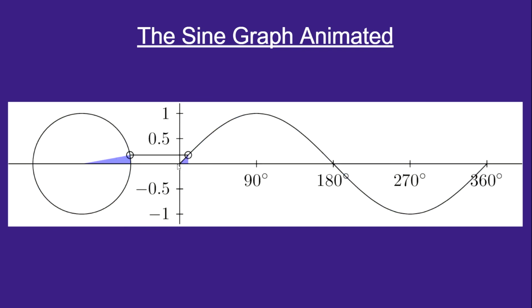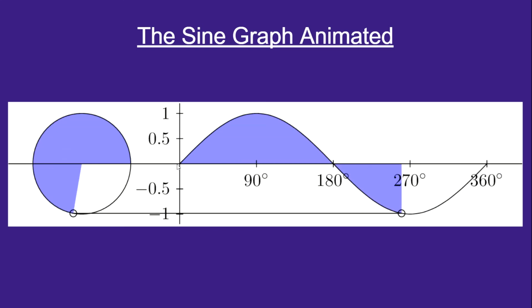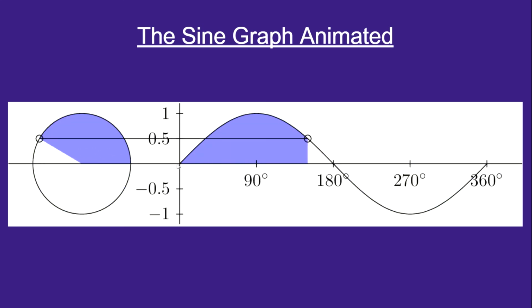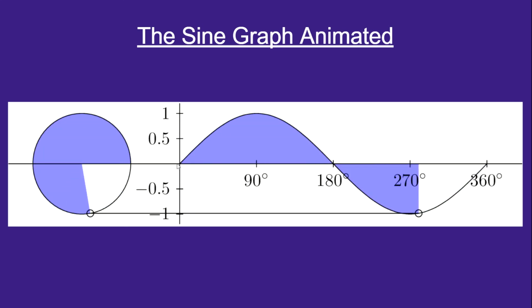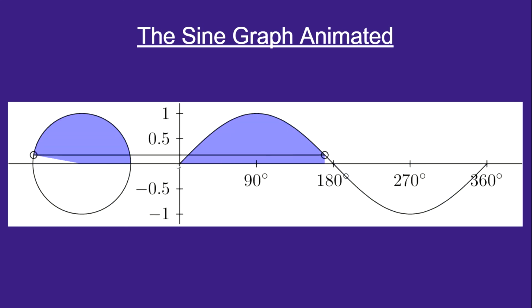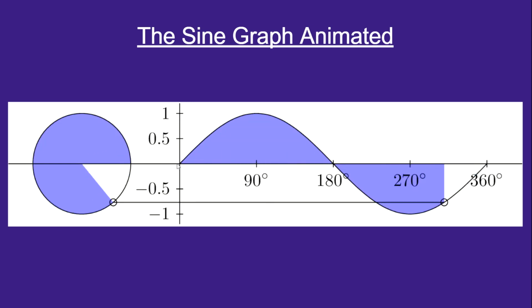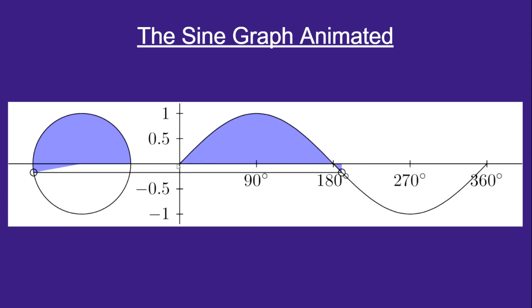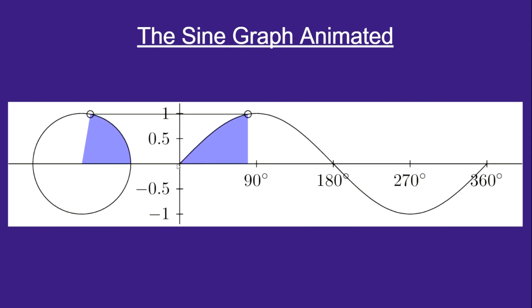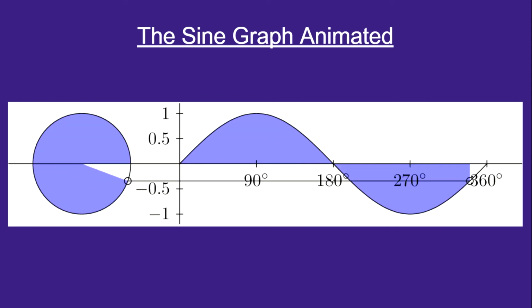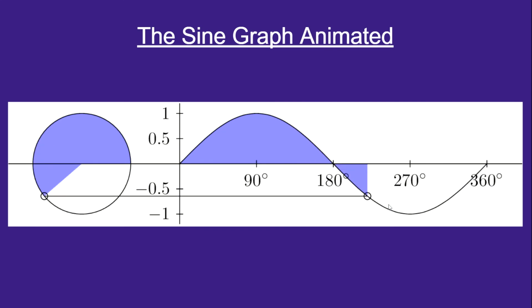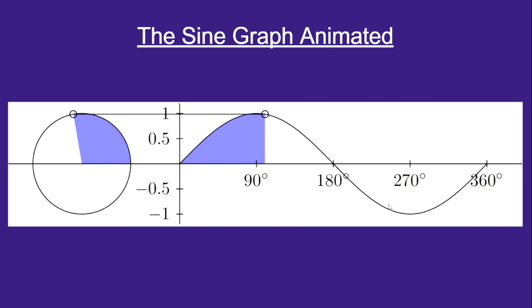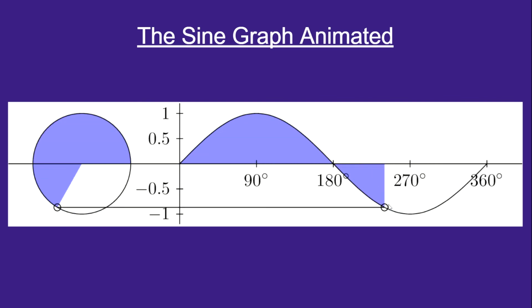And this graph here I've shown in terms of degrees so that we can get an idea of how it looks for both of them. It looks the exact same. All that's happened is I've changed the scaling of my x-axis. Typically in our class, we're going to work in radians, so we won't worry too much about this graph with degrees, but I really liked this animation and thought it helps us see what the sine function looks like as it's being turned into the graph.